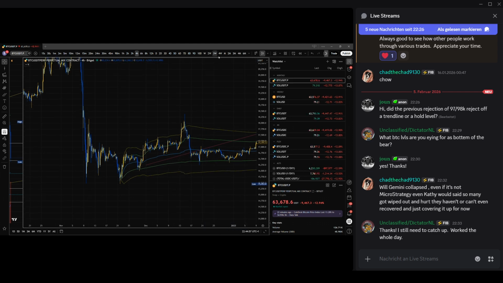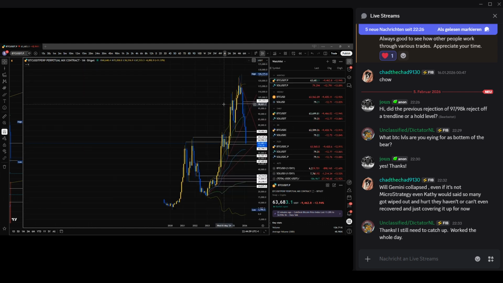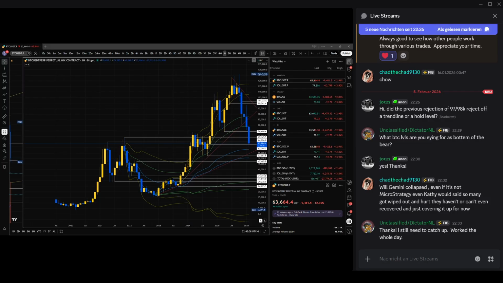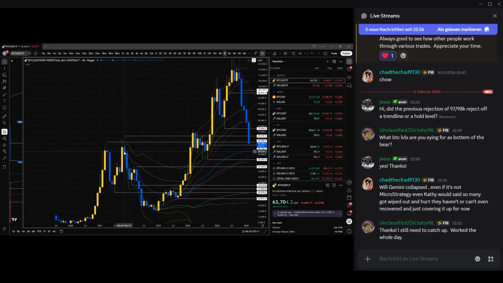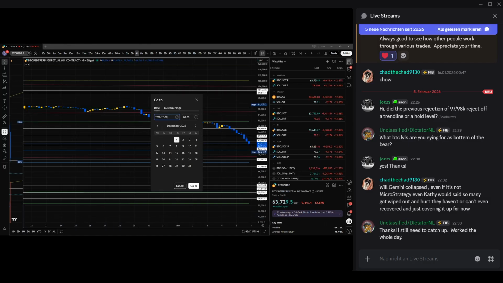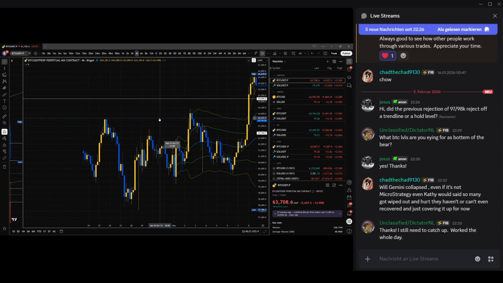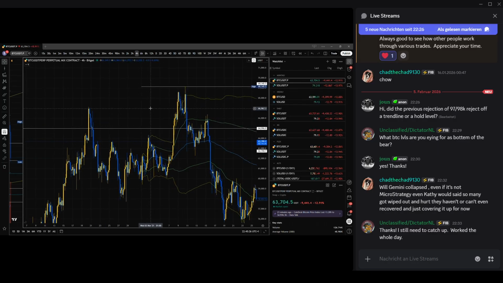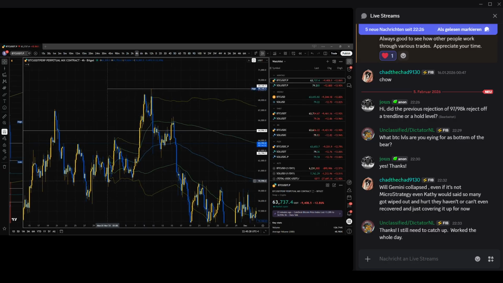and then can go back to the monthly chart and do the same for the highest candle. Oops. And that's November 2021. Go back to the 4-hour. As you can see, not even close to the highest candle.